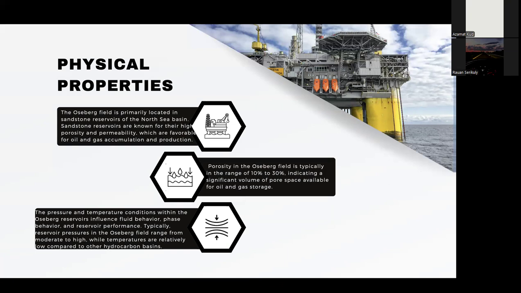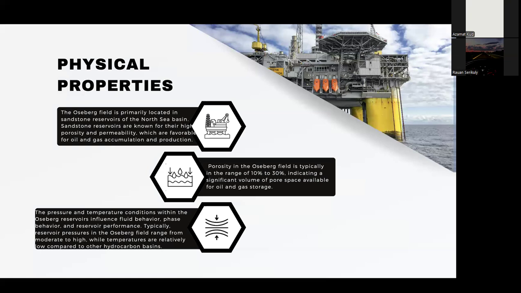The fluid composition of this crude oil is characterized by API gravity from 27 to 38 degrees, and this crude oil has low viscosity, so it flows easily and contributes to the recovery rates.